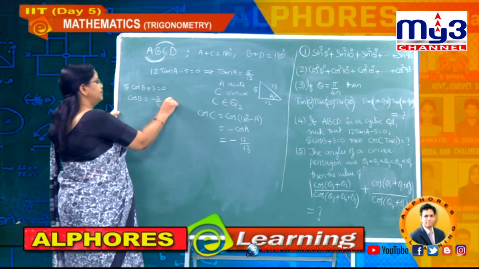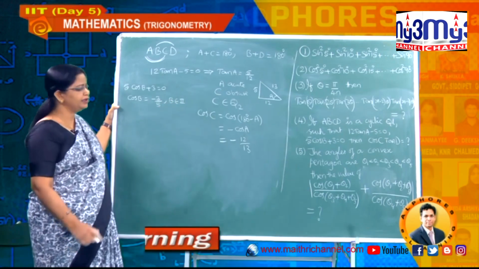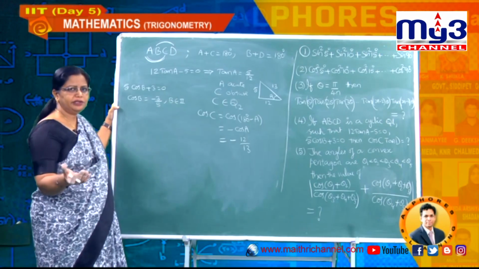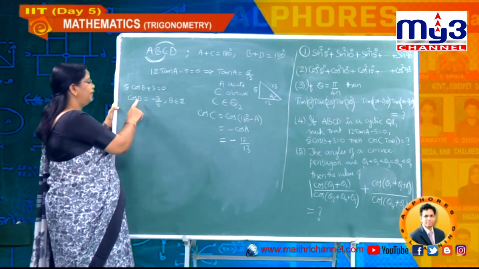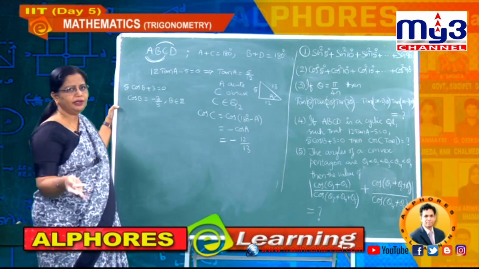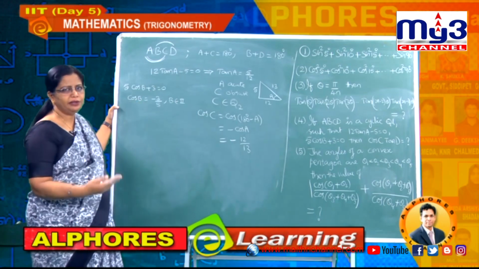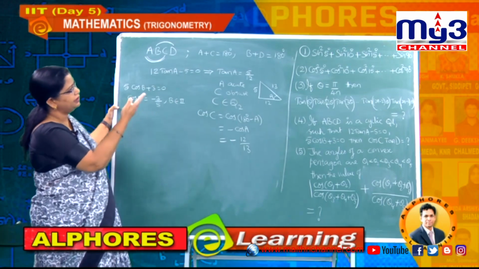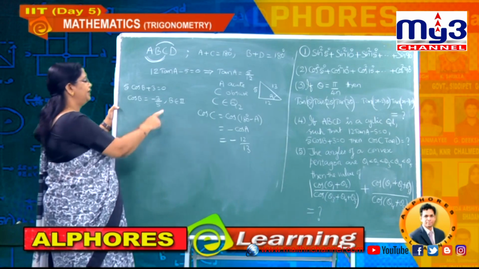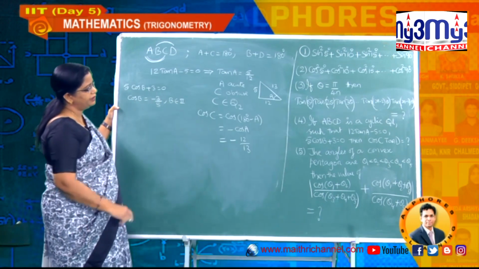So B belongs to the second quadrant, because the sum is 180, so there is no way you can use the third quadrant. You may get a doubt: cos negative means it can be the second quadrant or the third quadrant, but there is no reason you would go for the third quadrant, because the sum is nothing but 180.